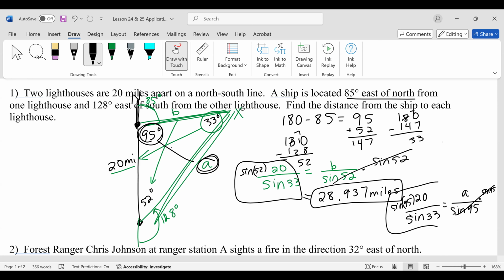So type this into the calculator and you get 36.5818, which you can round to the nearest thousandths. So 36.582. Oh, these aren't degrees, sorry. These are miles. So this side is 36.582 miles.